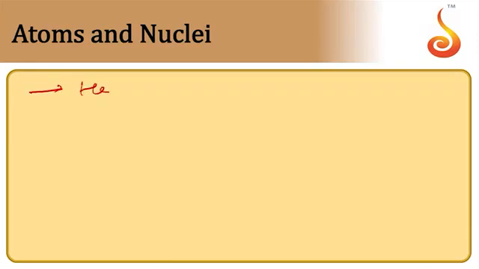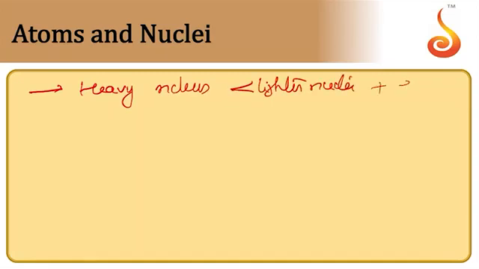It splits up into lighter nuclei. And this involves liberation of energy. This process is called fission. So during fission, the heavy nucleus which is unstable splits into medium sized or smaller nuclei.